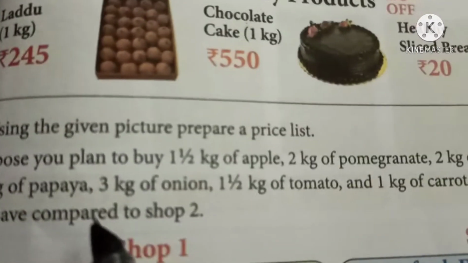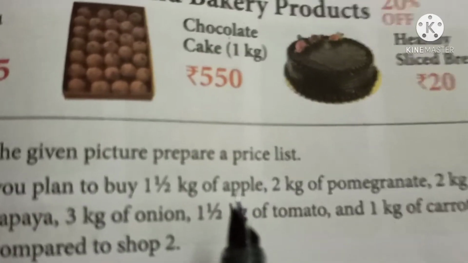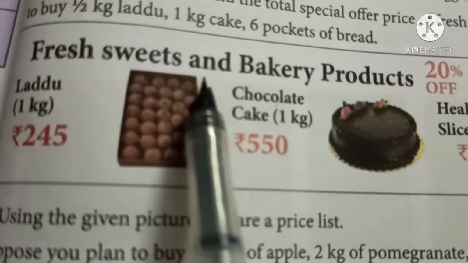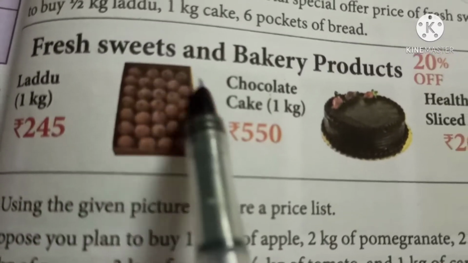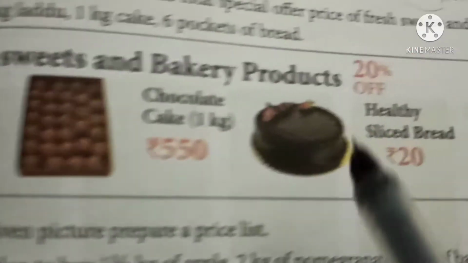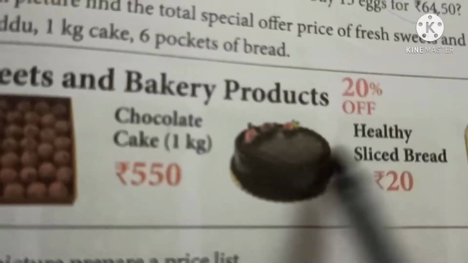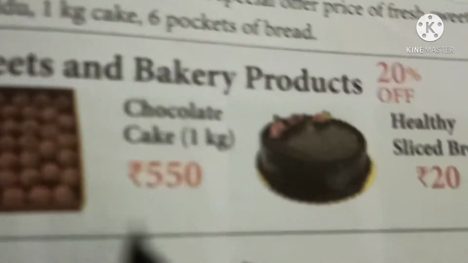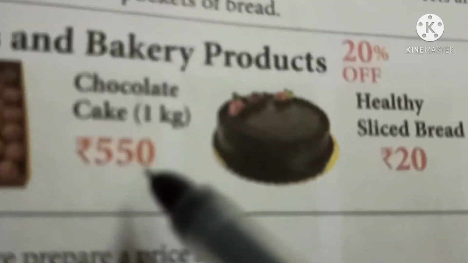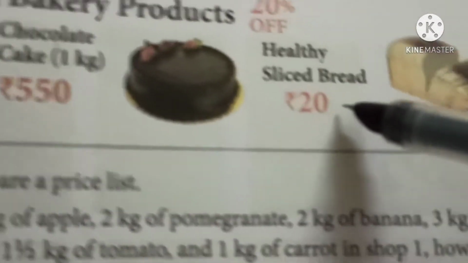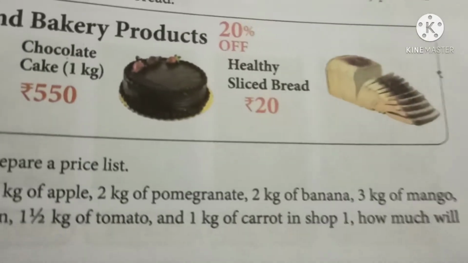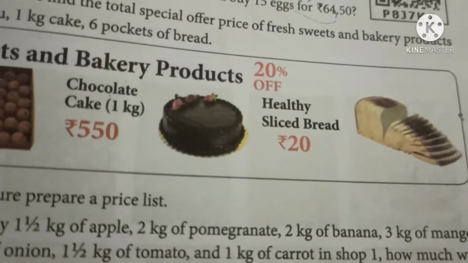Next question, using the given picture, prepare a price list. So the given fresh sweets and bakery products are 20% off. 1 kg of laddu is equal to 245. Chocolate cake 1 kg is equal to 550. And healthy sliced bread, 1 packet is equal to 20 rupees.